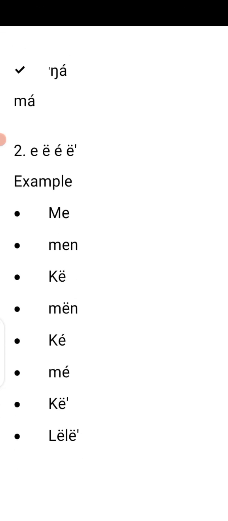The first syllable is le, while the second one is le. Opposed to lele, if the marks are not indicated.